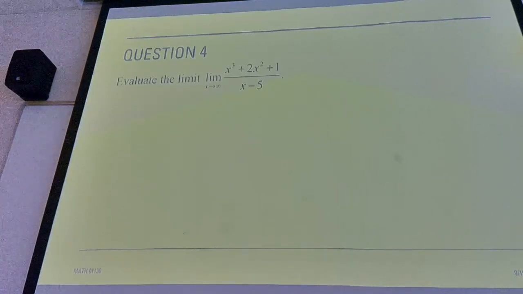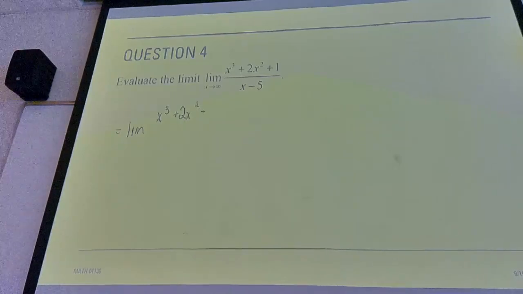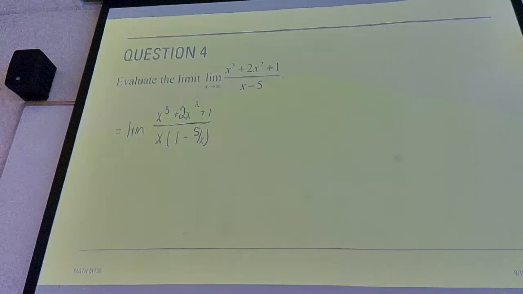Factor out the highest power. So in this case, factoring an x out in the denominator. Move that x up to the numerator to become x to the minus 1 and distribute.